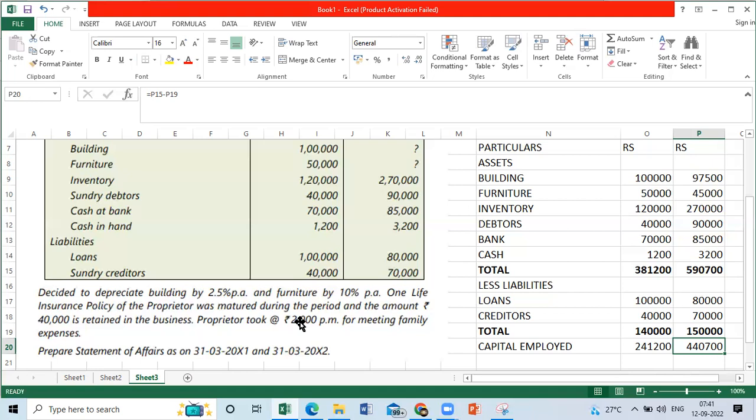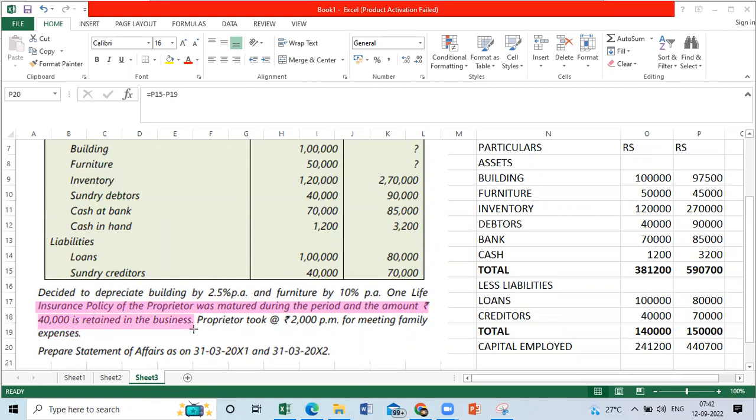Technically, any money received by maturity of a life insurance policy should be my personal asset, but I have retained that money in the business. मैं नहीं बोलता ऐसा, क्वेश्चन बोल रहा है भाई. Question is very clear, my dear friends. Question says that boss, the insurance policy was matured and the amount is retained.